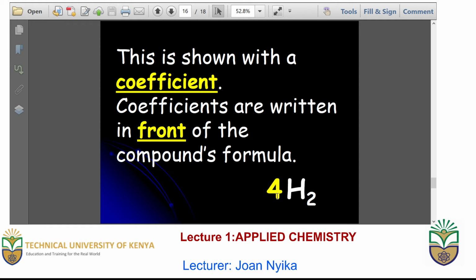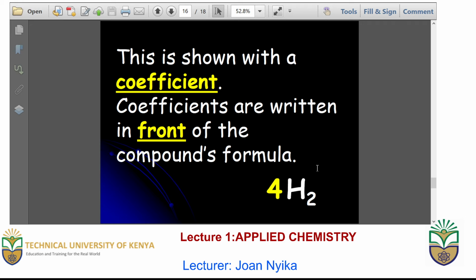And this represents 4 hydrogen molecules. It does not represent 4 hydrogen atoms. It represents 8 hydrogen atoms and 4 hydrogen molecules. I think I should repeat that. When there is a compound that has more than one molecule of the same kind, we use a coefficient.